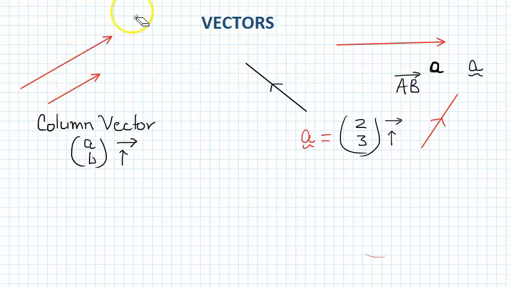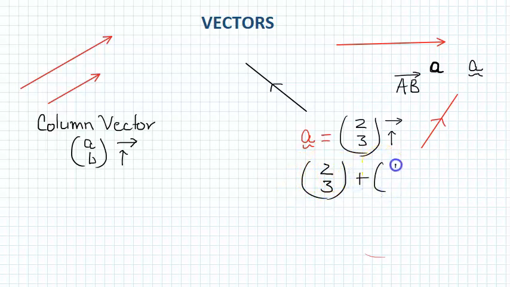Now suppose I have to add, say, 1 and 1 to it. Suppose this is 2 and 3, this is vector A, and vector B is say 1 and 1. So we'll start from here. This one is going in this direction, and this one is going in this direction. That is the end point. So this is the vector now.